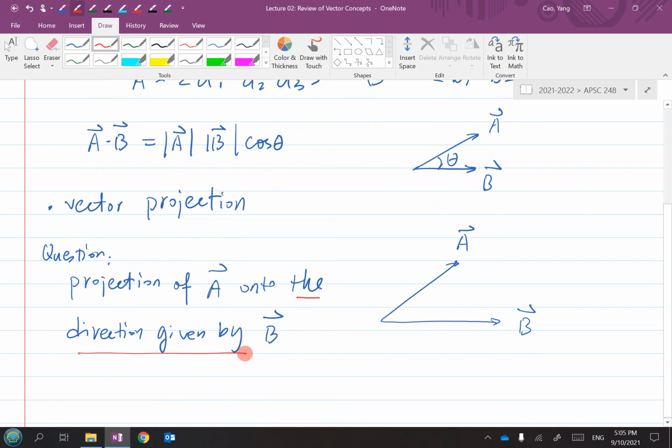You do the projection, 90 degrees. So you do a 90 degree angle here.